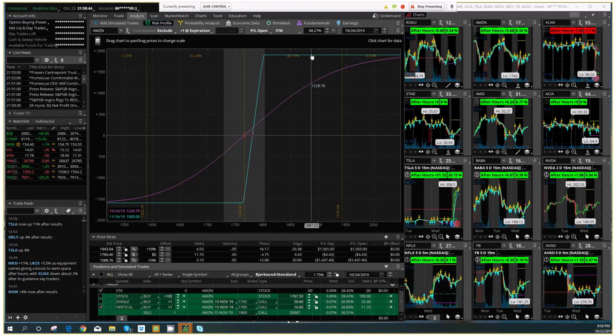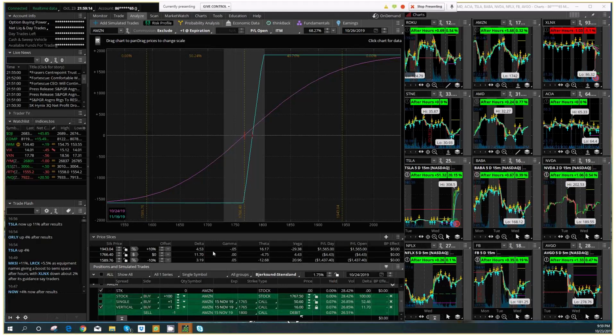Okay, so you're making between 1765 to 1800, roughly $3,500, and you're taking off your debit that you pay. Okay, and that is your profit. So 1900 is here, and on the downside, the max you can lose is what you paid for it. So again, if this thing collapses at expiration, you can lose the max of what you paid, which is $1,600.